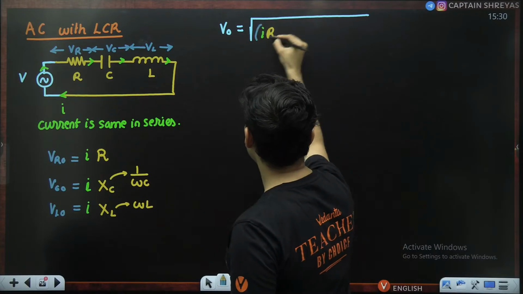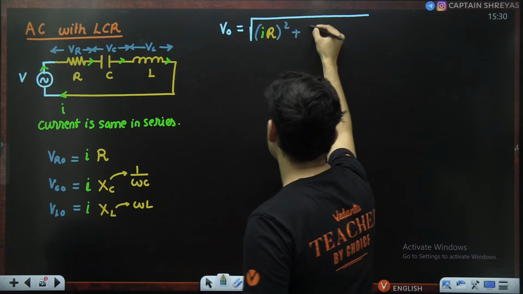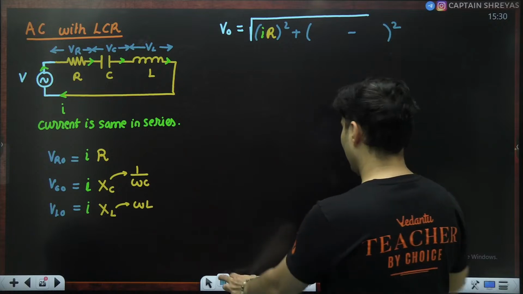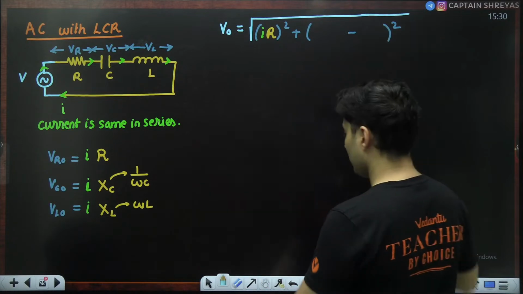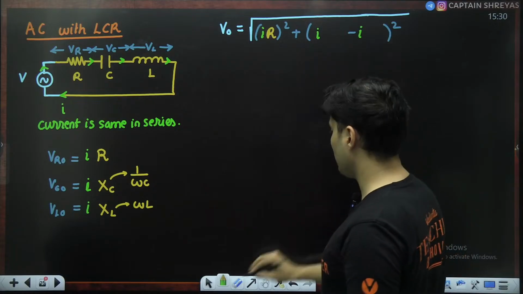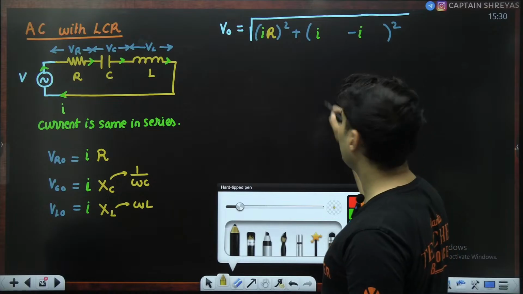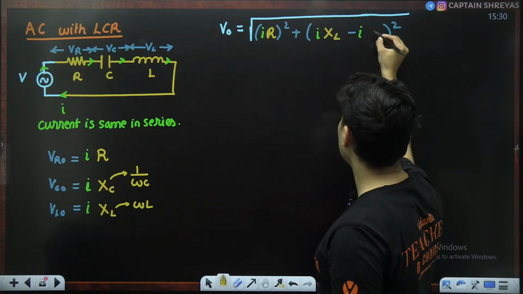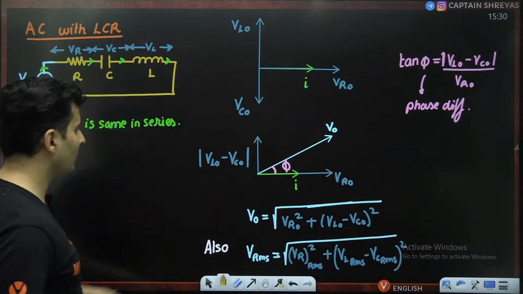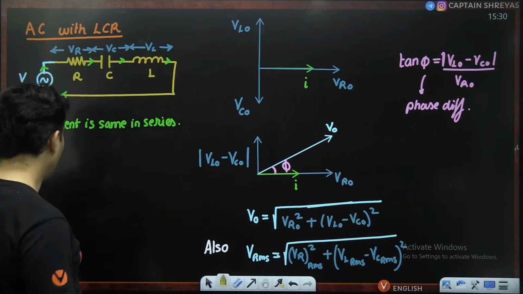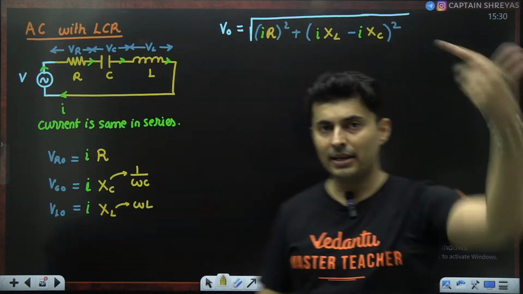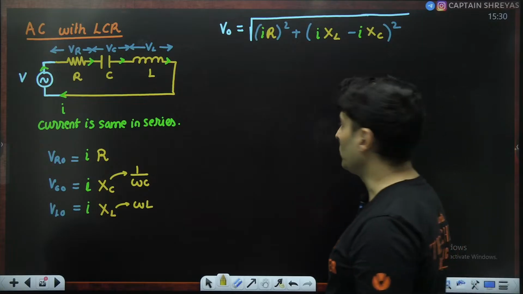This thing will be squared plus, here I'll have something minus something, squared. That's what it will be over here. What is that something minus something? Current is definitely there, and here I will have XL and here I have XC. So that's what I have put over here. Instead of VL naught and VC naught, I'm putting IX over here and then squaring it in this particular root.